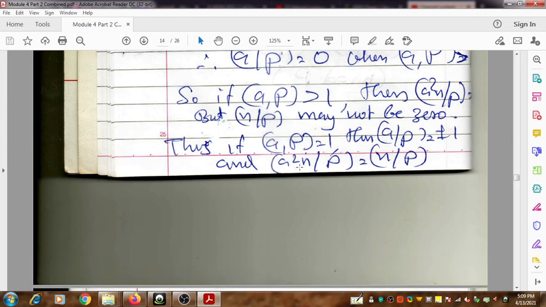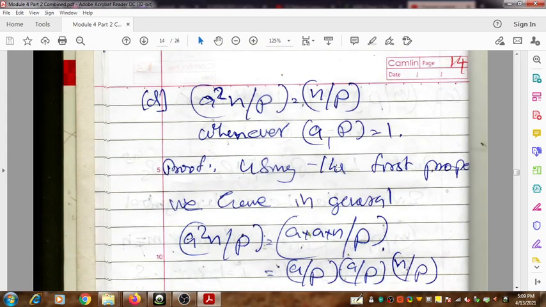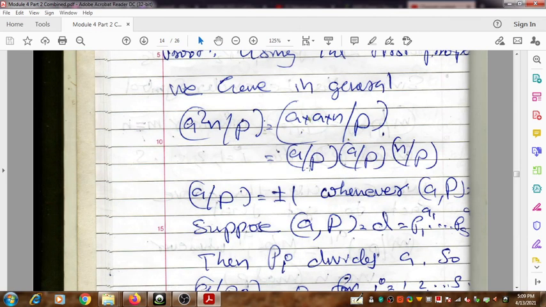So when we come to the expression a square into n bar p, in the expanded form, a square n bar p equals a bar p into a bar p into n bar p. Suppose this quantity is +1, then we have +1 into +1, the product is +1. But if it is -1 into -1, then also we get +1.